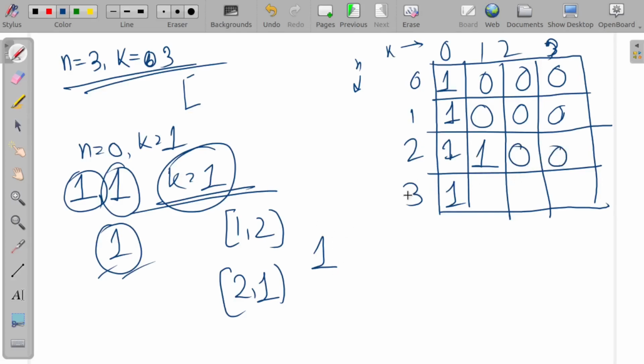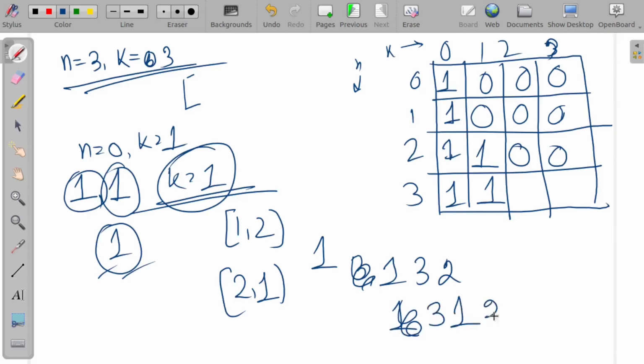Then for n equals 3, for k equals 1, the case 1 3 2 gives 1. For k equals 2, 3 1 2, because 3 is paired with 1 and 3 is paired with 2, so that is 1.